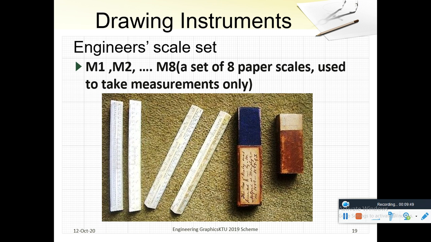Usually engineers use a set of 8 scales named M1, M2, etc. up to M8. We can take dimensions directly from it. The scales are used for taking measurements only. For drawing lines, we use the set square or mini drafter.